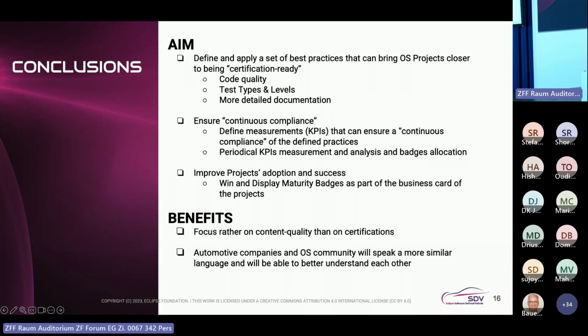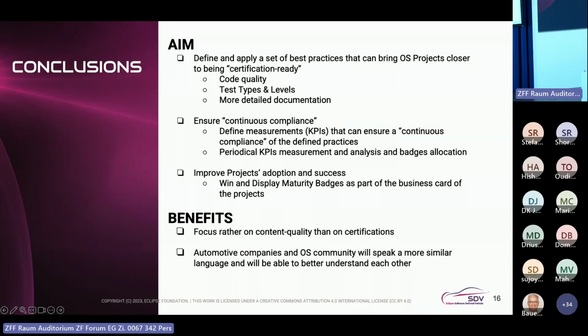So we'll also have in development a set of badges for the different points that we'll define in the process. So whenever a project is displayed on our page, you're going to see a full badges display as well with everything that the respective project is adhering to from the defined process.